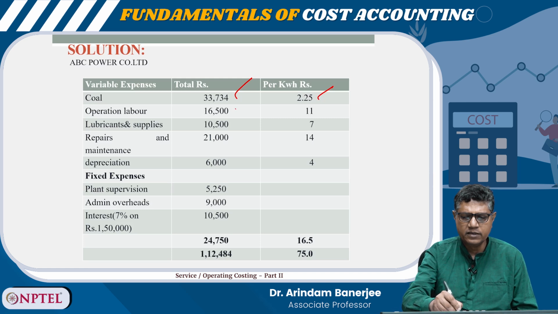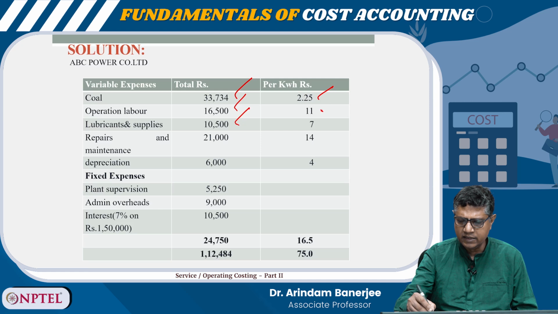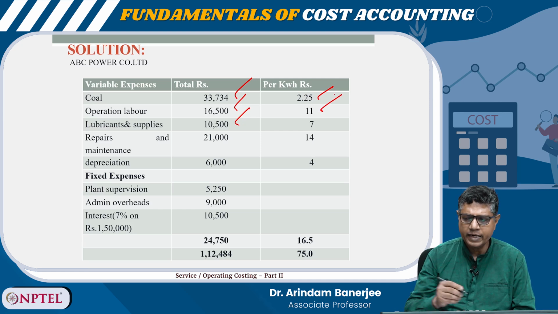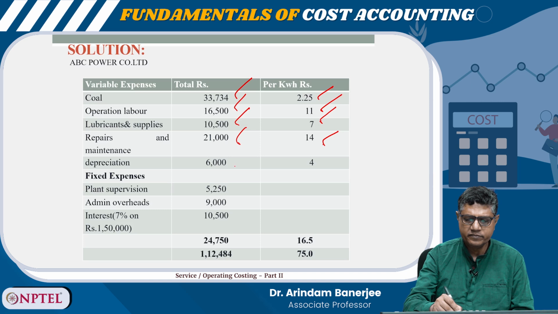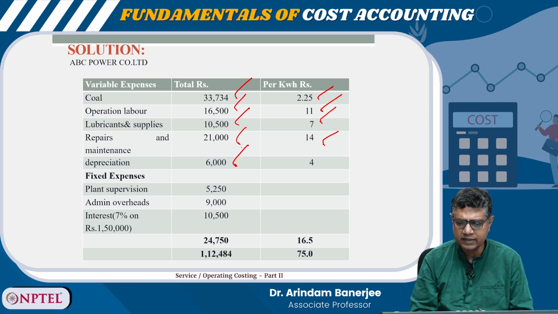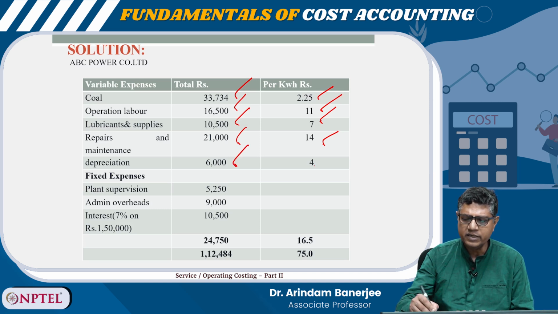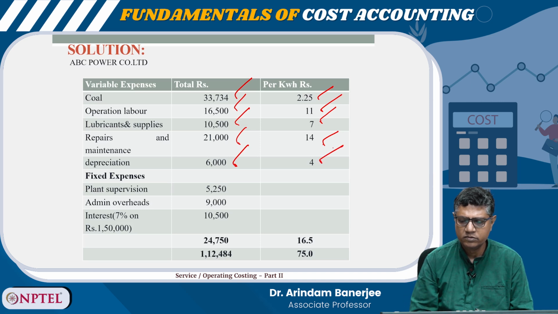Operation labor 16,500, lubricants and supplies 10,500, per unit operation labor is 11, lubricants and supplies it is 7, repairs and maintenance total is 21, and per kilowatt hour is 14, depreciation total is 6,000, per kilowatt hour is 4.